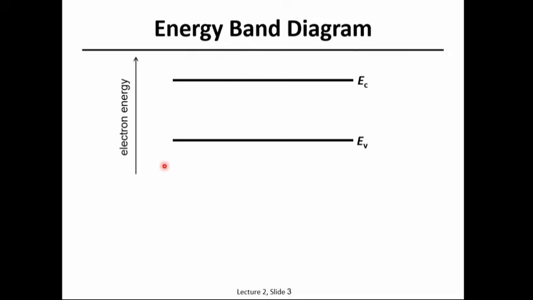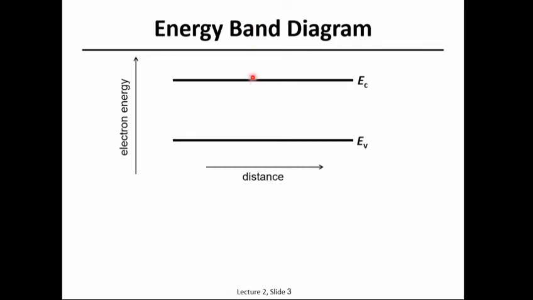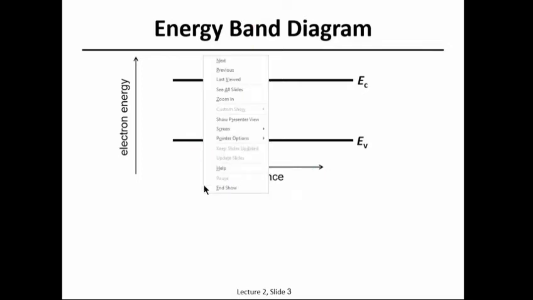So we say that the electron energy will be increasing in this direction. That implies that for the holes, the vacancies that will be in the valence band, the energy will be increasing downward. And we're taking the distance in this direction.